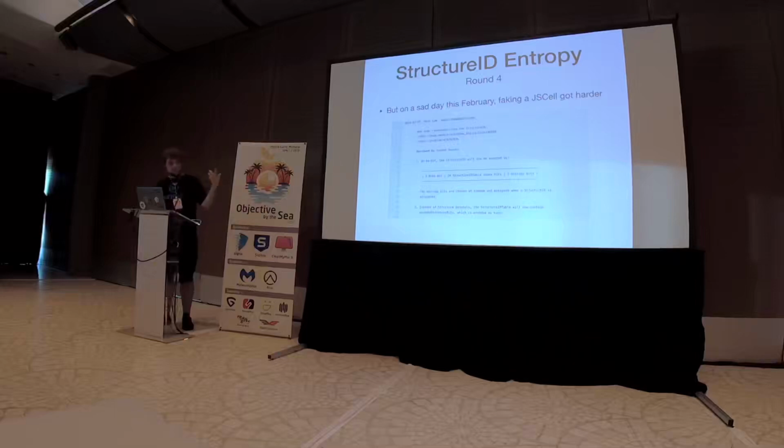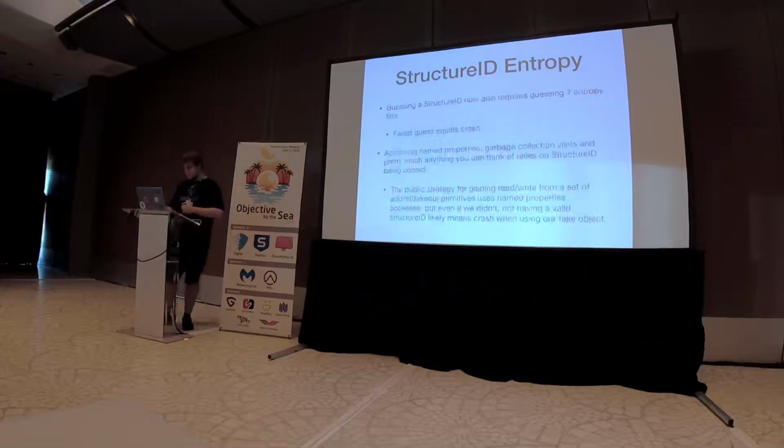So it's not just one value that's chosen at runtime the first time you run the engine, but every time you create a different shaped object, different entropy bits are going to be used. And so yes, to create a structure ID now, you also need to be able to guess 7 entropy bits, and failed guesses mostly equal crashes.